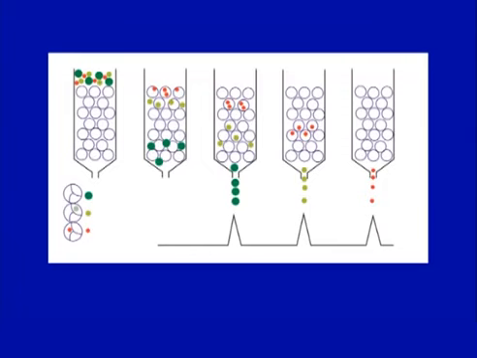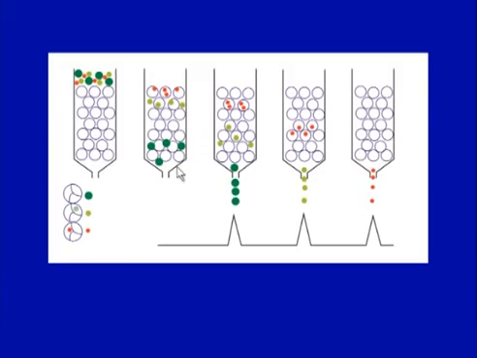Now, here there is another figure which explains the same principle. If you can see here, this is a column where these are beads actually, and you have different size molecules: a larger size, an intermediate size, and a smaller size.